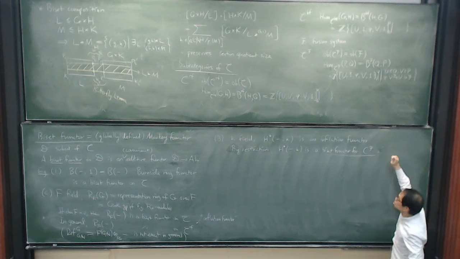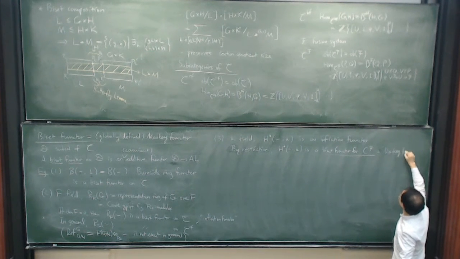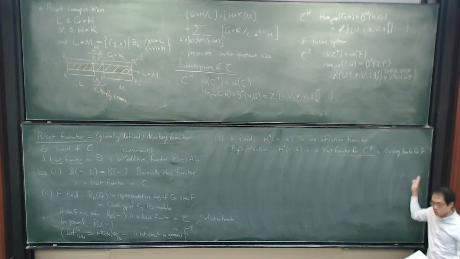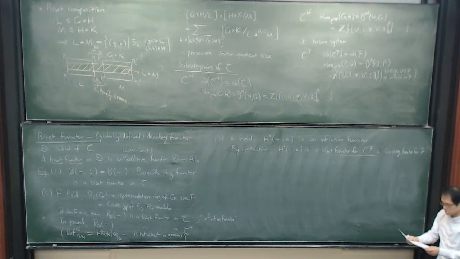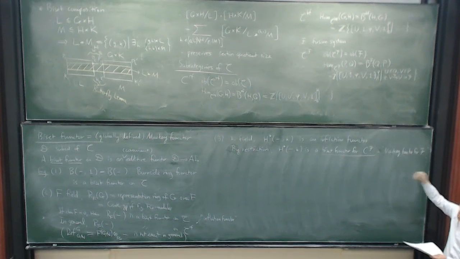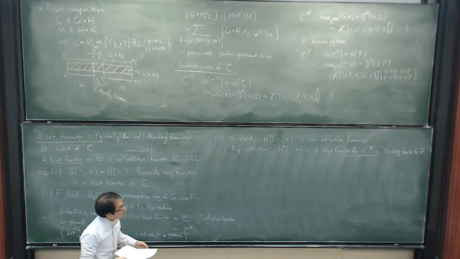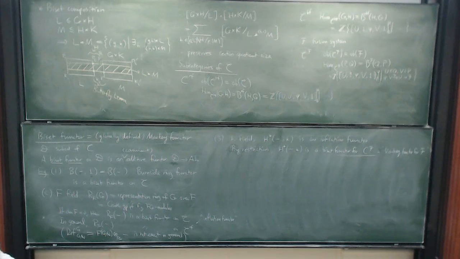This is exactly the same as the Mackey functor that Antonio defined. I'll indicate at least the correspondence between them. So this cohomology functor with trivial coefficients can be viewed as a Mackey functor for any fusion system this way.